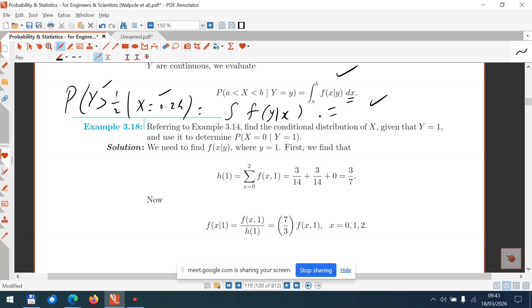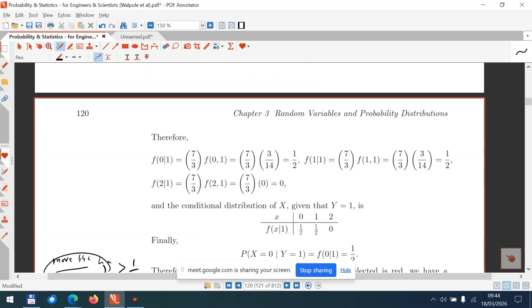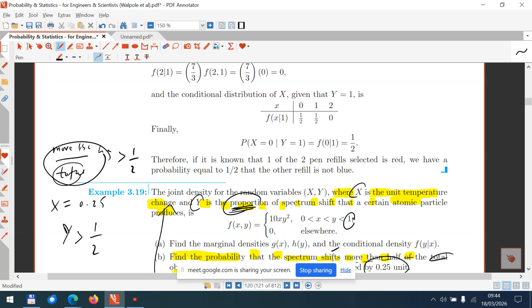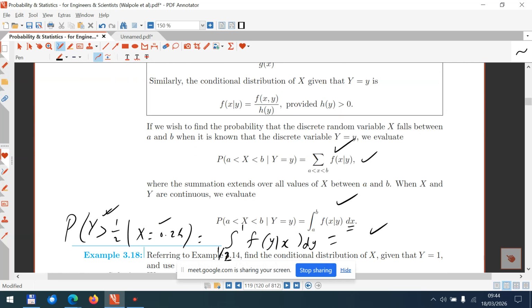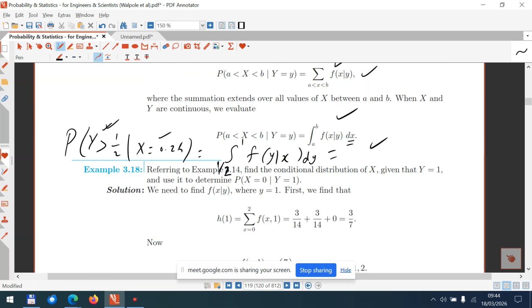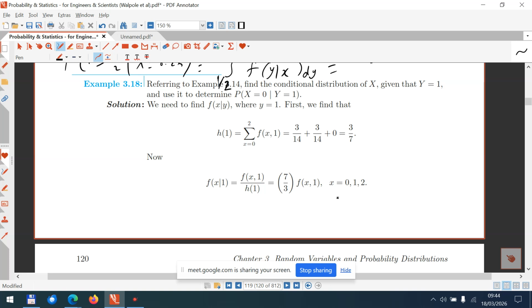And instead of integrating over x, because it's a distribution of y after all, you have to integrate over the values of y. Greater than half means that you have to integrate from 1 over 2 to 1, the highest value, and in this question it is 1. You can't have more than one value. So it will be half to 1.